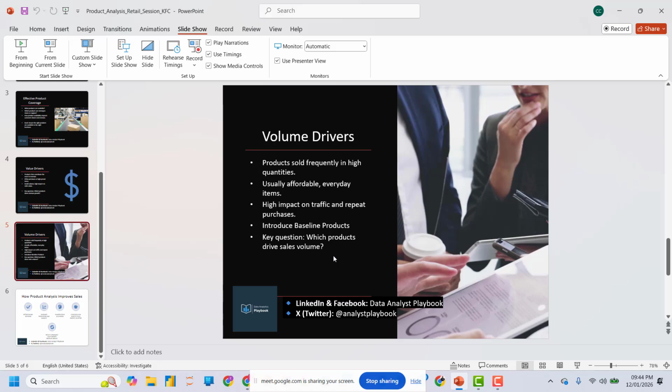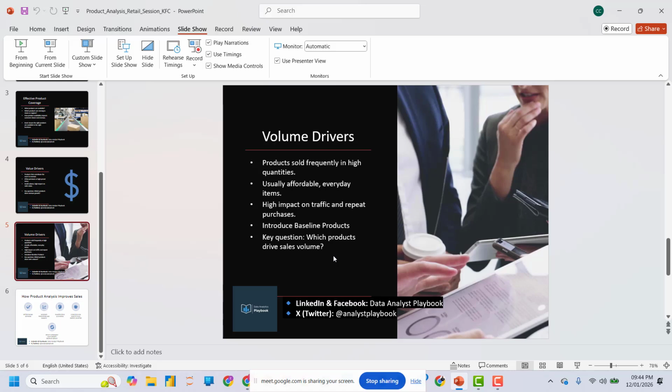So in most cases, you find that people try to hide these baseline products because they don't make too much from them. They just use them to keep customers. Immediately the customers are buying properly, they can start infusing the value driver products to them to keep the business running smoothly and also improve revenue.